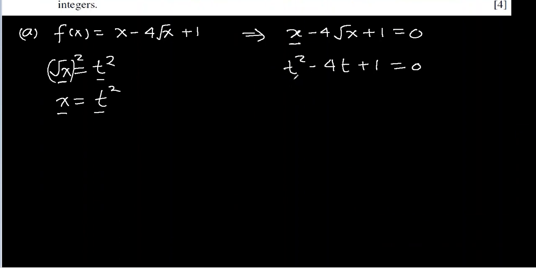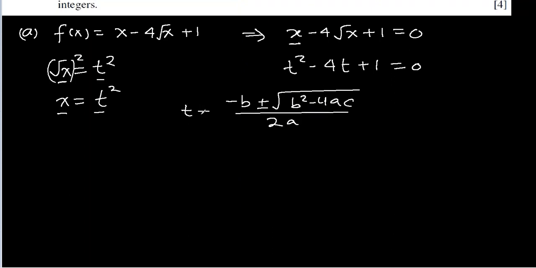I don't see any chance of factoring this and getting an answer, so it will be good to use the quadratic formula, which is this, and that will be equal to t. So for us, 1 is A, minus 4 is B, and 1 again is C. Let's substitute here in the quadratic formula.